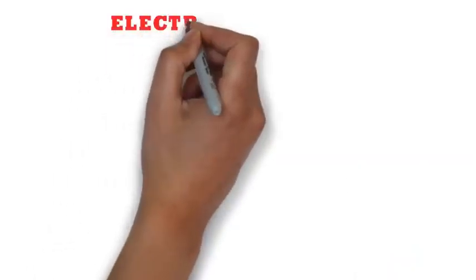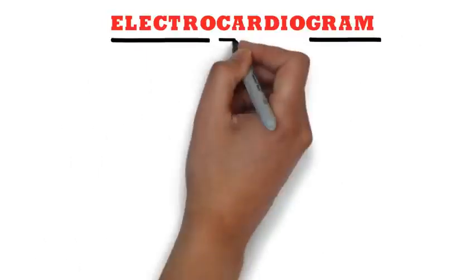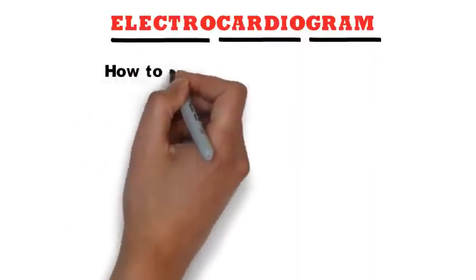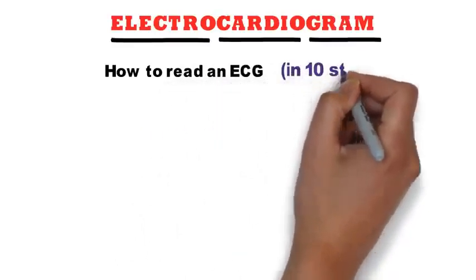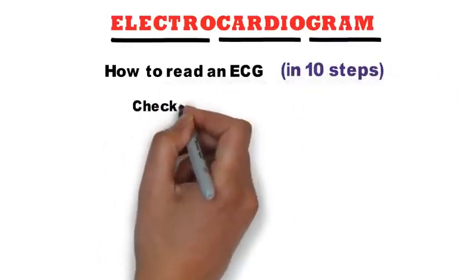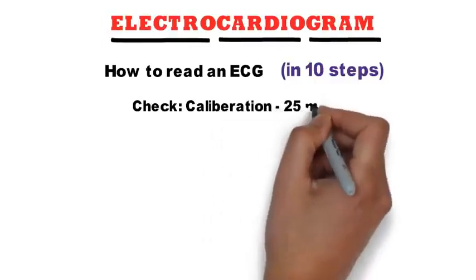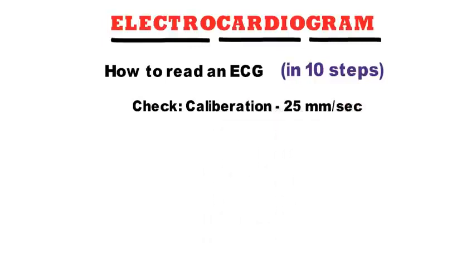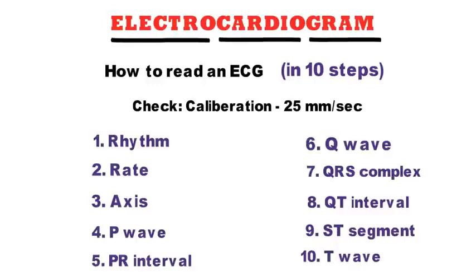So let's start. ECG, or electrocardiogram, is the graphical representation of electrical activity going on in the heart. Now, how to read an ECG in just 10 steps. Before that, we need to check the calibration or speed of the machine, which is normally set at 25 mm per second. In most books on ECG, the first step is to calculate rate.